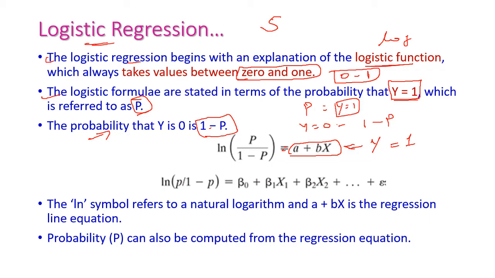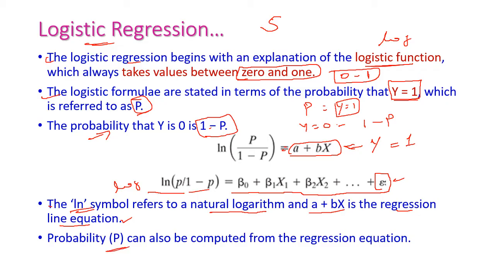Now, log of p by 1 minus p is equal to b0 plus b1x1 plus b2x2 etc. plus e. Here ln is the natural logarithm, and a plus bx is the simple regression equation, that we know very well.